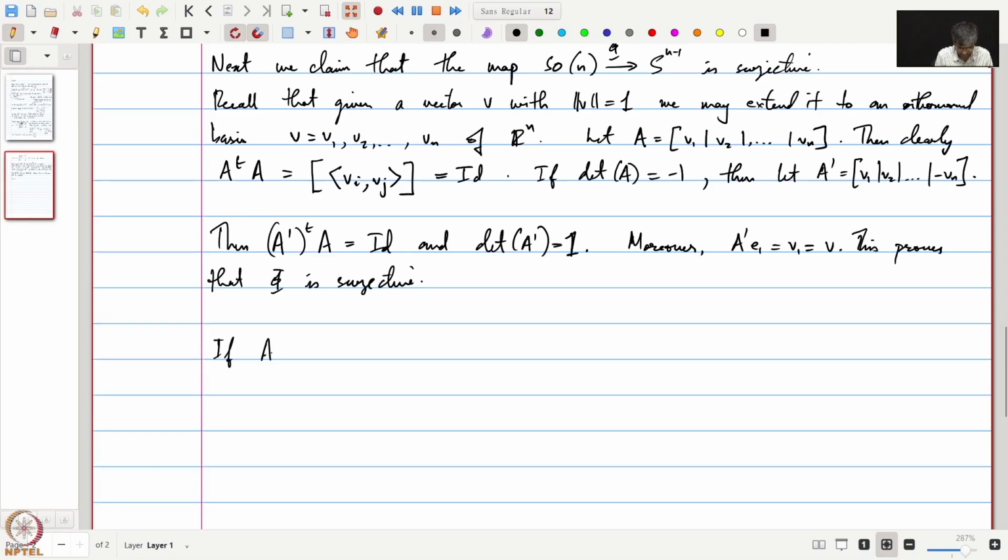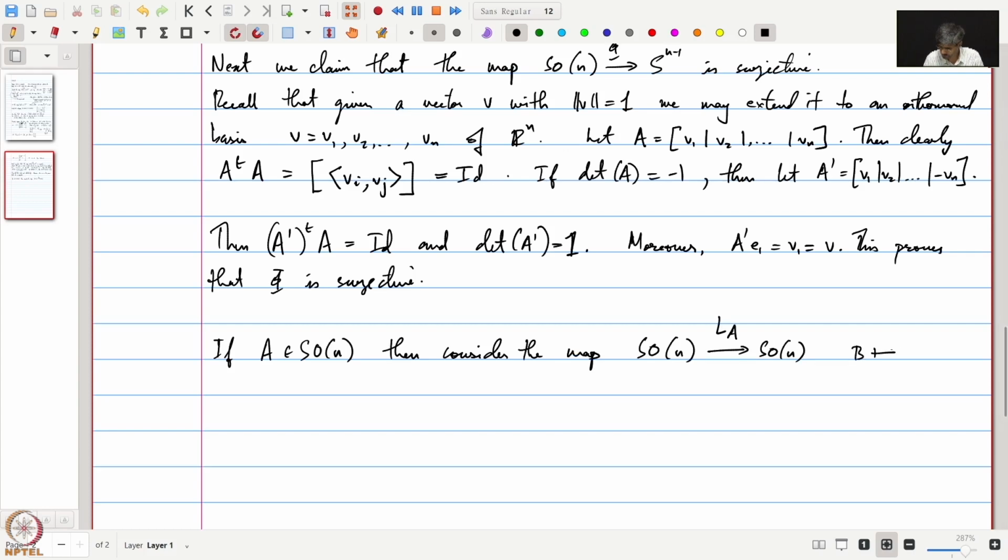If A is in SO(n), then consider the map from SO(n) to SO(n) given by left translation by A. Precisely, this map sends a matrix B in SO(n) to A times B. It is easily checked that if A and B are in SO(n), then obviously A times B is in SO(n). In fact, SO(n) is a subgroup of GL(n, R).